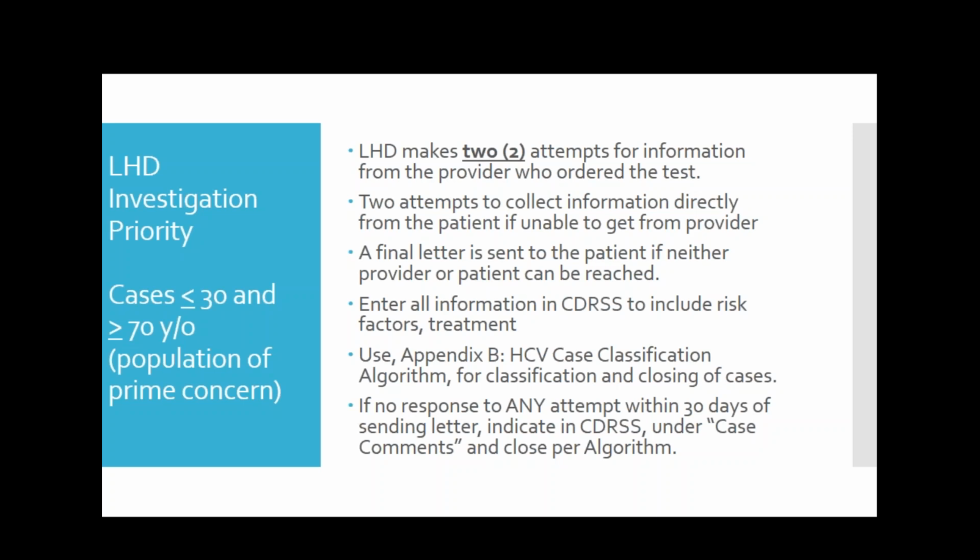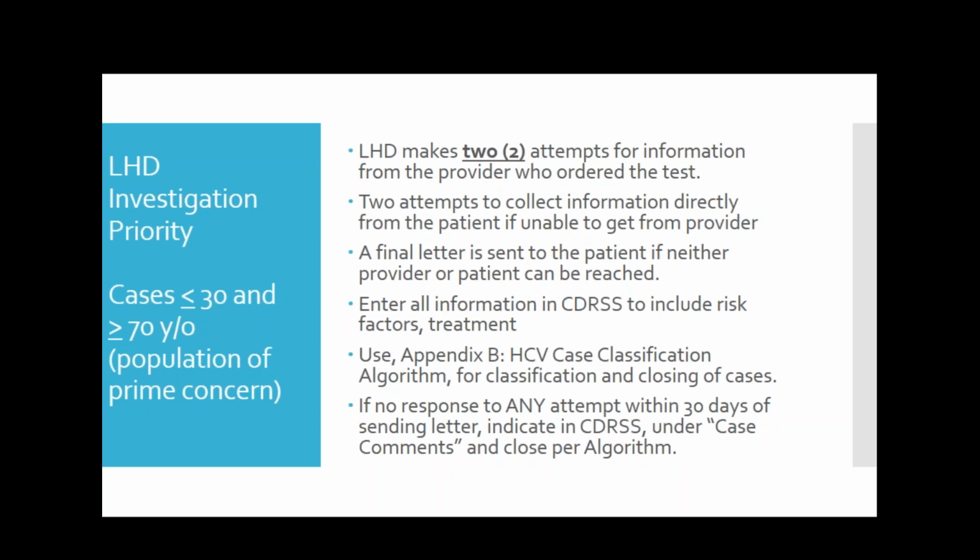The local health department should make 2 attempts for information from the provider who ordered the test. 2 attempts should be made to the patient directly if information from the provider was not received. A final letter should be sent to the patient if neither provider nor patient can be reached.